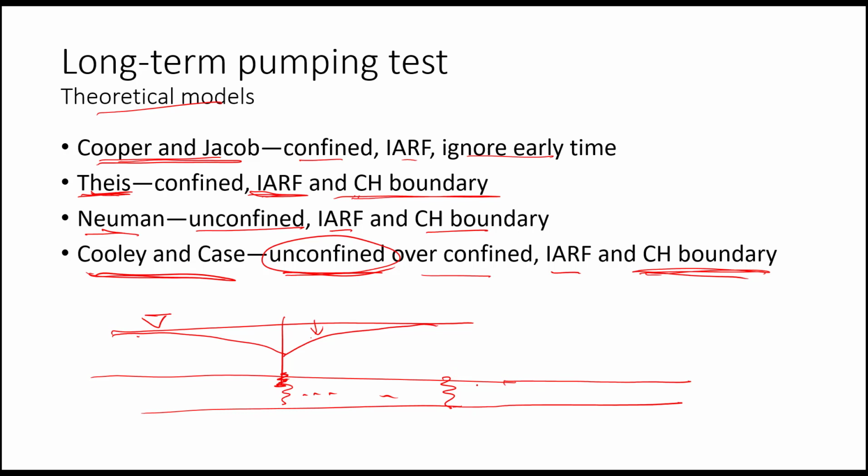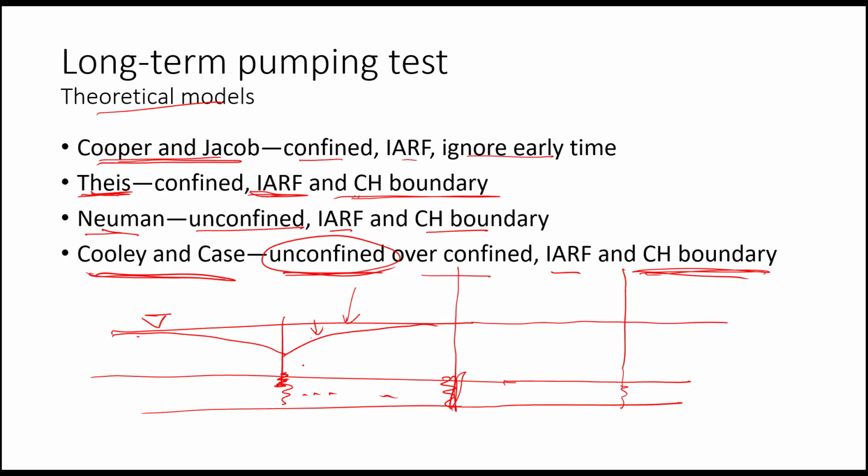If I look at it in map view, it's a straight boundary that goes to infinite extent in and out of the plane that we're looking at here. So the way to do this is, if I use a solution that is for the infinite case, I can put another well over here. Let's call this an imaginary well.